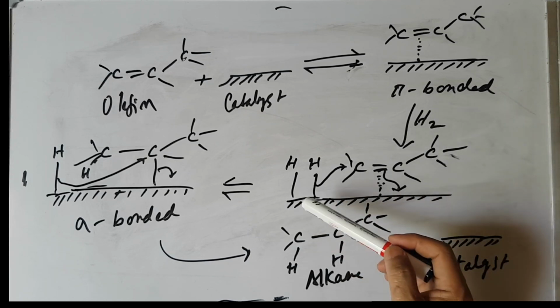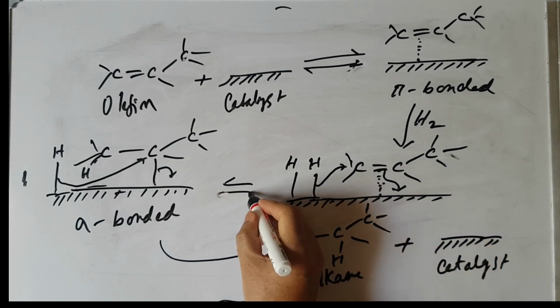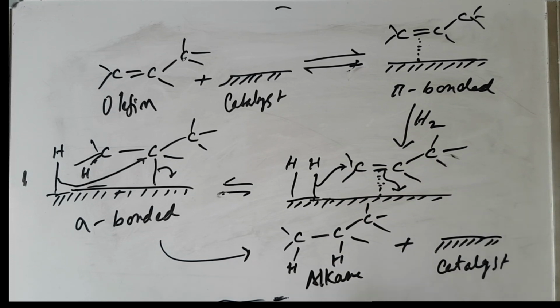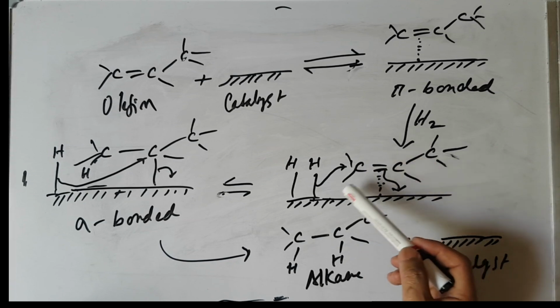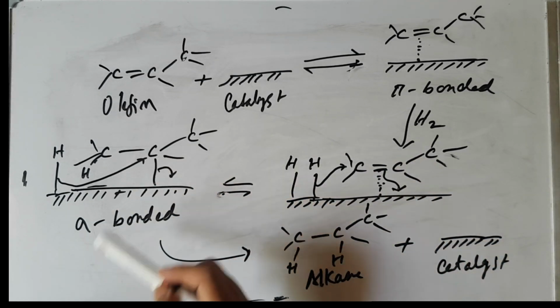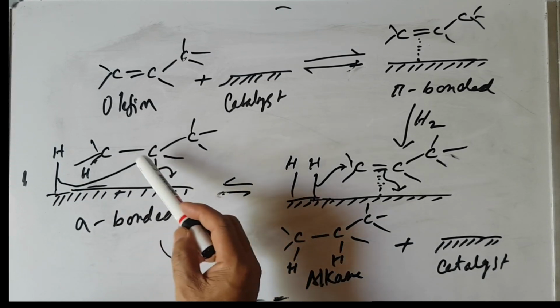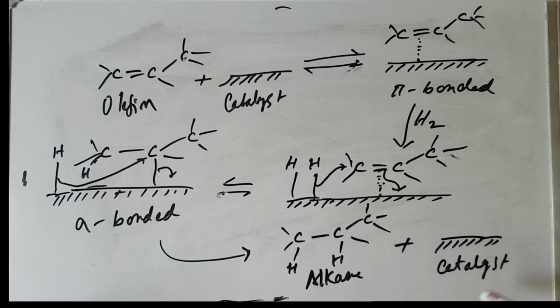Once this forms, transfer of the hydrogen atom takes place to the organic molecule. So you get a sigma bonded intermediate, then another hydrogen atom is also attached. Then you get the final product, the saturated alkane, along with the catalyst. So this is the overall mechanism of the catalytic hydrogenation of alkenes, olefinic compounds.